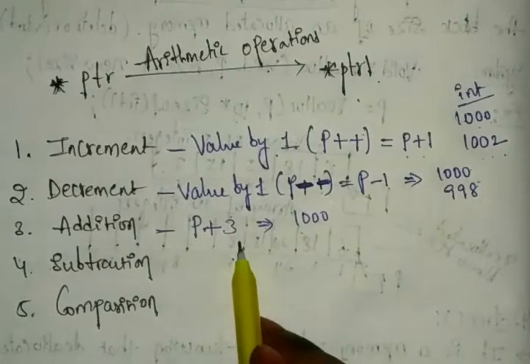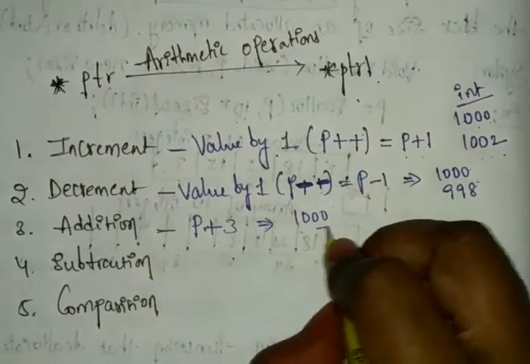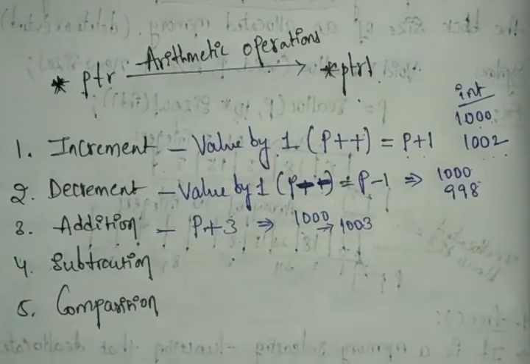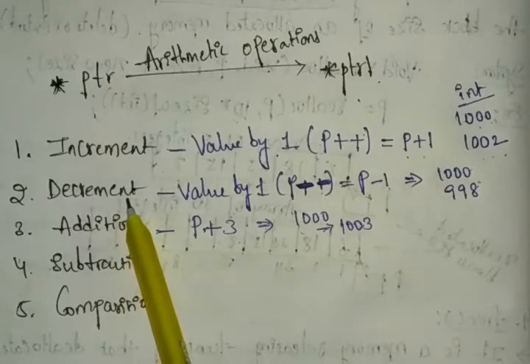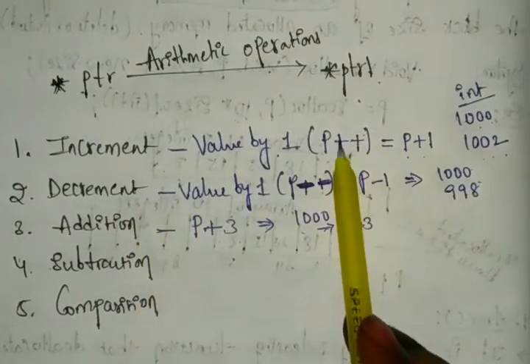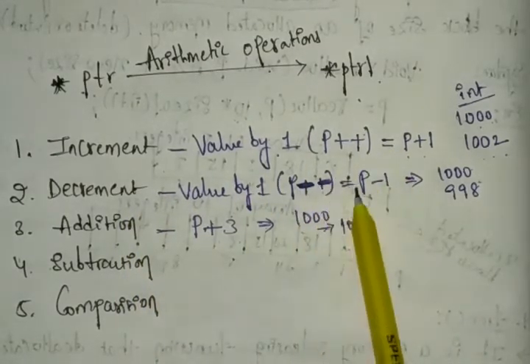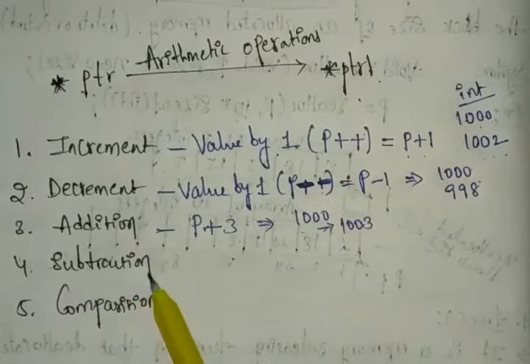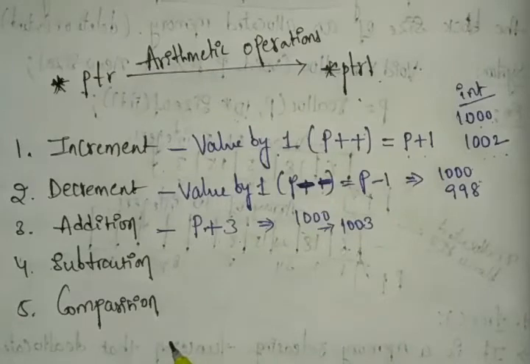If you add plus 3, it becomes 1003. You can observe clearly that increment and decrement are performed with 2 plus and 2 minus, while addition and subtraction are performed with only 1 plus and 1 minus.